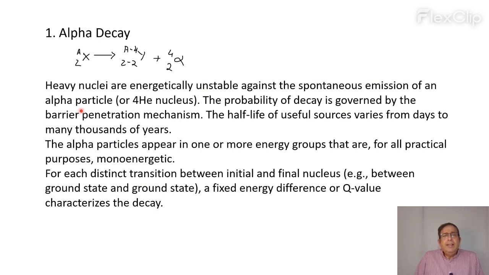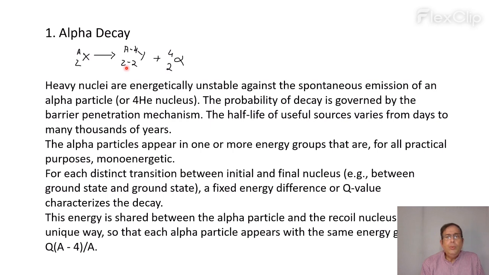So any distinct transition between the initial and the final state, that means between the ground state of the parent nucleus to the ground state of the daughter nucleus, a fixed energy difference or Q value is there which characterizes the decay. Actually X is converting into Y, and in the process some energy is released, which is the difference in the energy of the two nuclei, and that energy is basically the Q value.